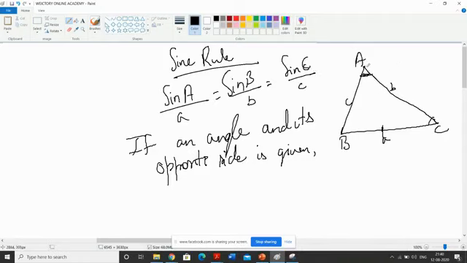For example, angle A and the BC side are given. Using the sine rule, we can find all the other sides or angles. So if an angle and its opposite side are given, we will apply the sine rule. This is the condition for when to apply the sine rule.